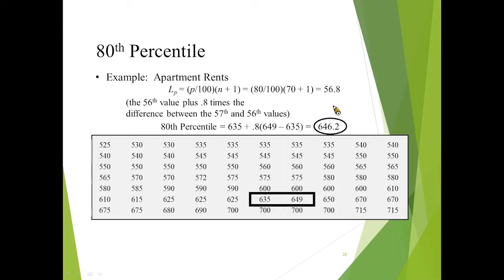So this number is 56.8. This means the 56th value plus 0.8 times the difference between the 57th and the 56th value.